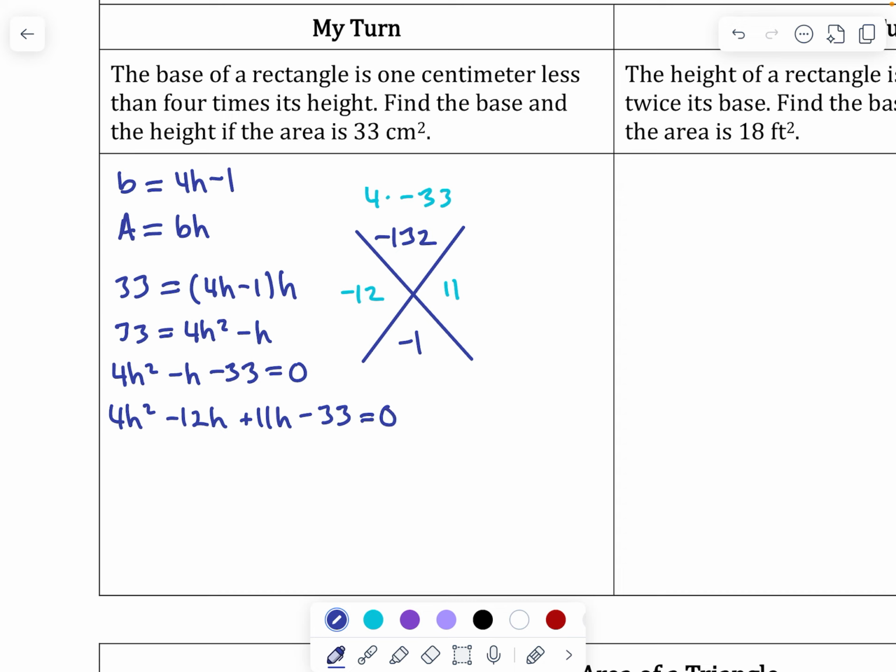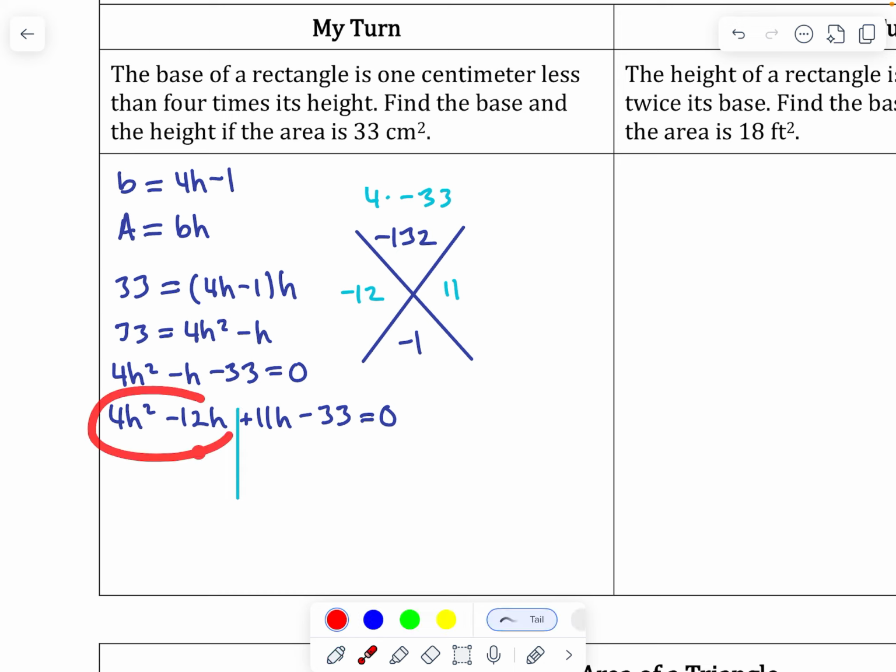Notice that I haven't changed the value of the original equation. Negative 12h plus 11h is negative h. I've just split the negative h up using the negative 12 and the 11. But anyways, that's factor by grouping. Now here's the actual grouping part.